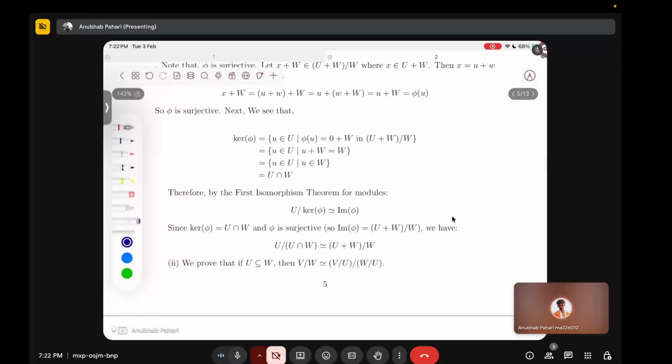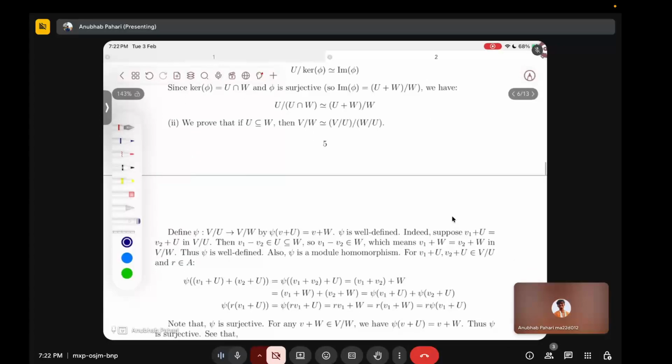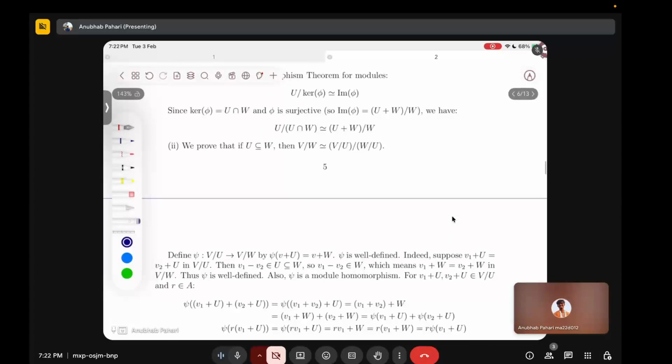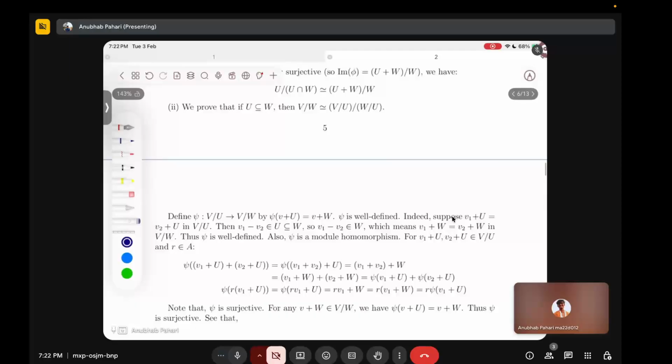So therefore the first isomorphism theorem for modules, that is, the domain by kernel is isomorphic to the image, we see that this is true. And for the second also, that is, if U belongs to W, then this happens.